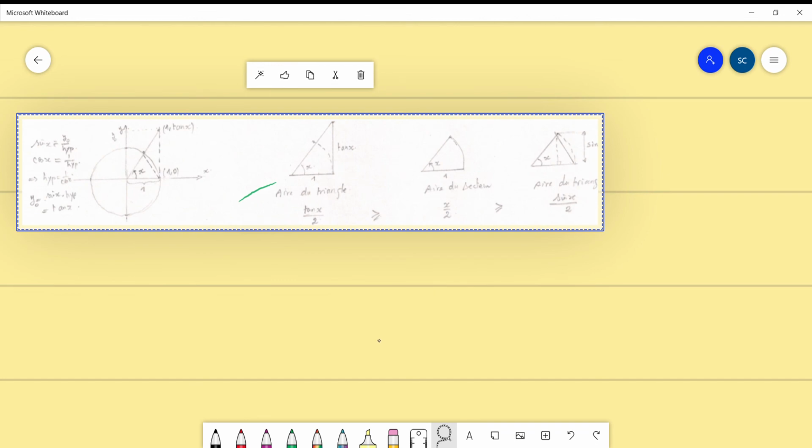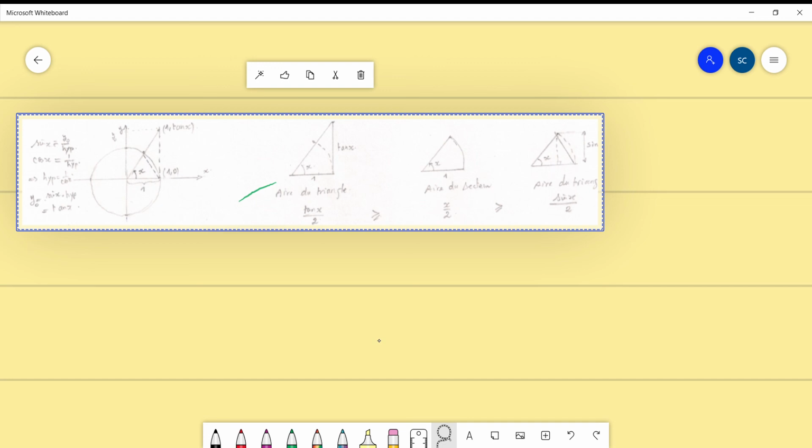So how we prove this limit is by comparing areas. We consider first an angle of size x. This is the unit circle, and we are comparing this triangle inside the circle and the right triangle, this one.